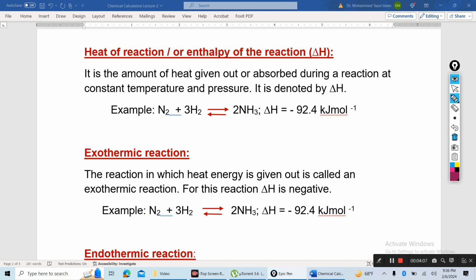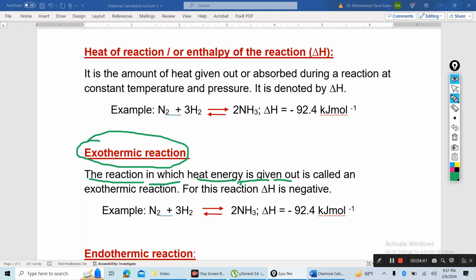Now you will know what is exothermic reaction. The reaction in which heat energy is given out or produced.